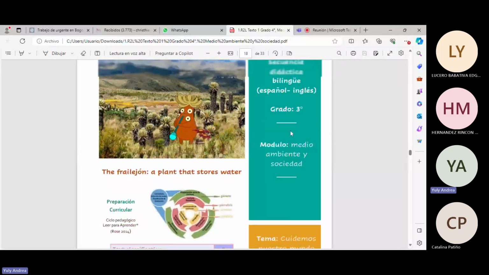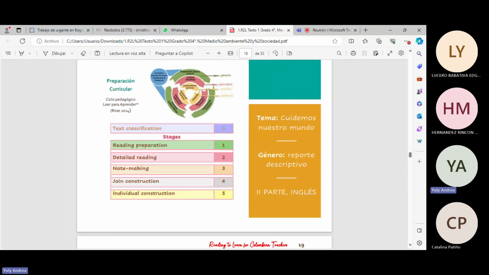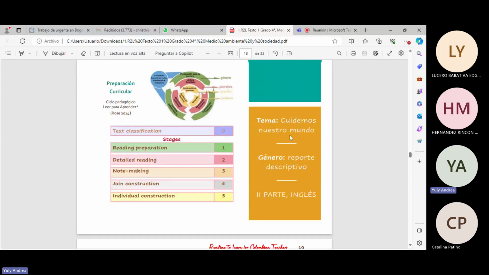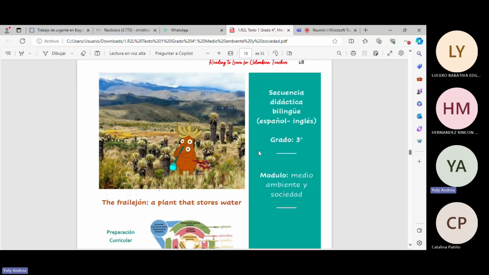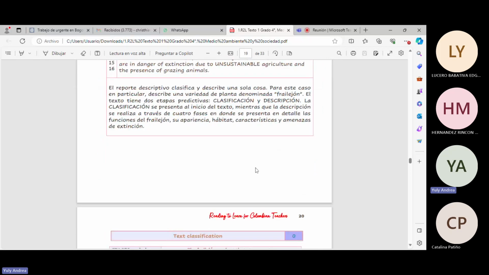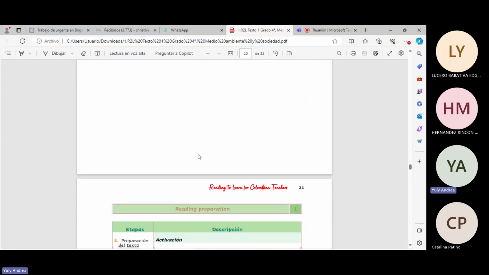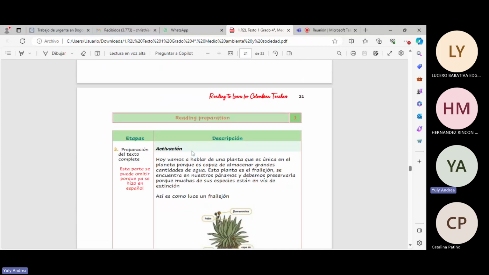Good. Okay. So this is the second part, which is in English. But as I told you before, you can do both teaching cycles or just the bilingual one. So I could do this, for example, just in English, but then every stage in the unit would have some parts in English, some parts in Spanish.